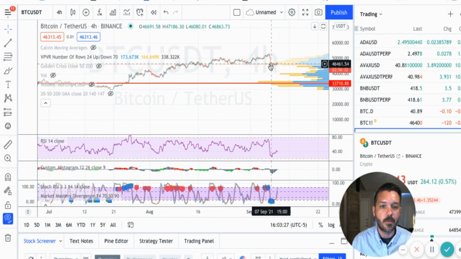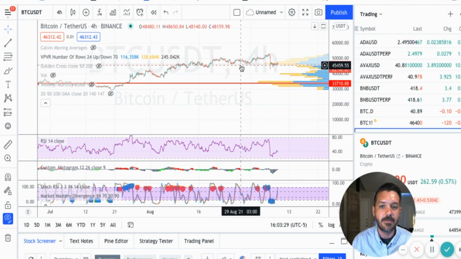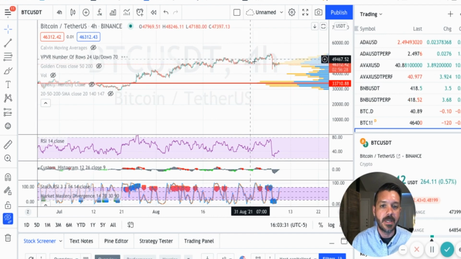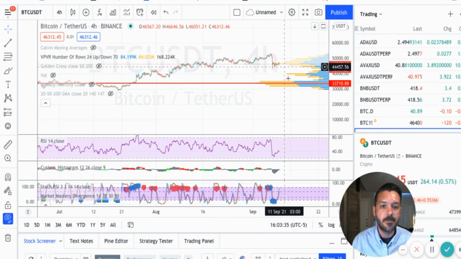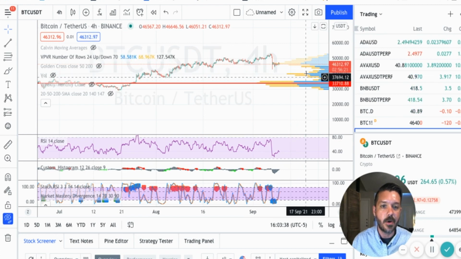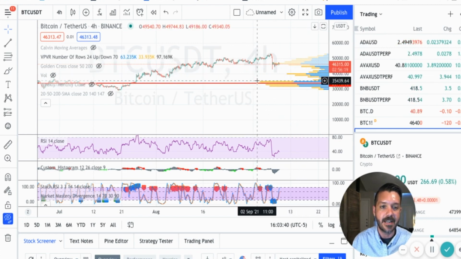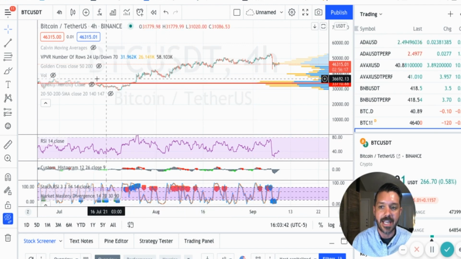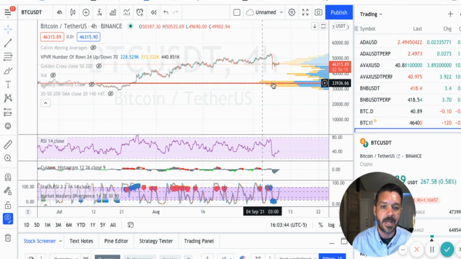And you can see where the most price action is at is kind of where Bitcoin has historically jumped. And then if we fall below this level, there's not a whole lot of support here until we get down to the 35,000 range. And then there's some more support from back here.